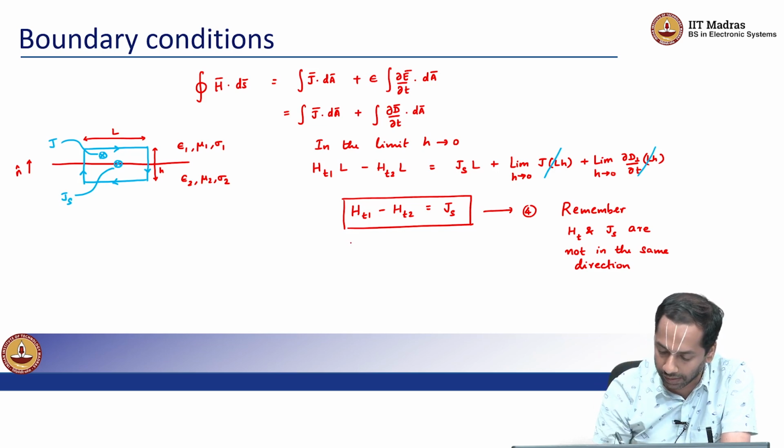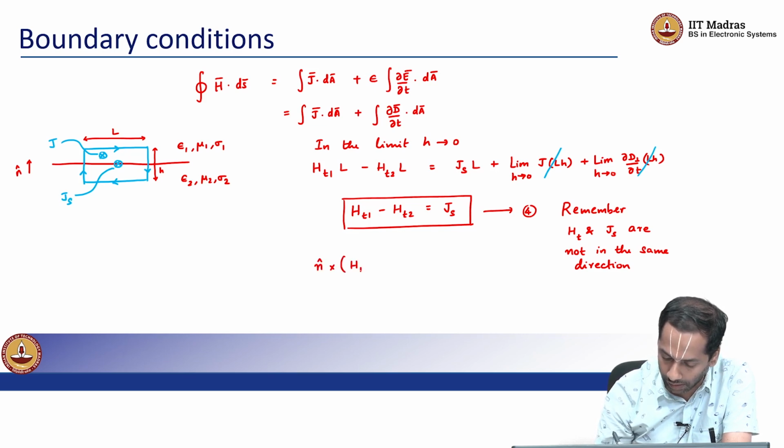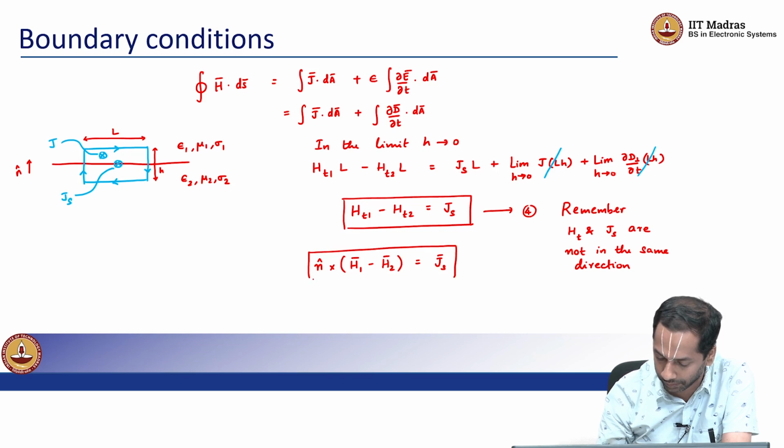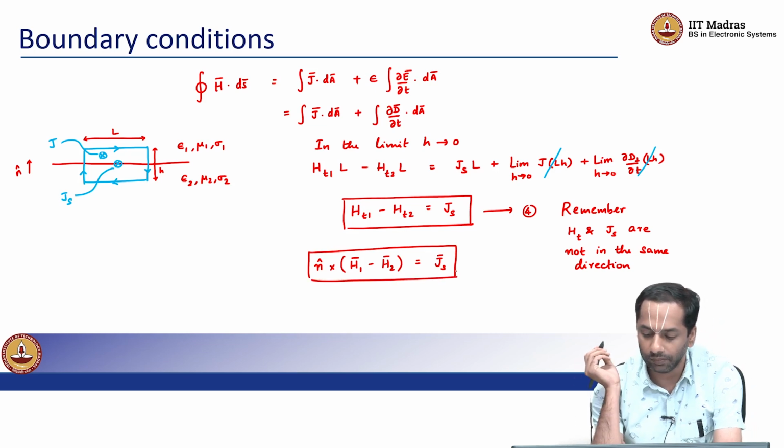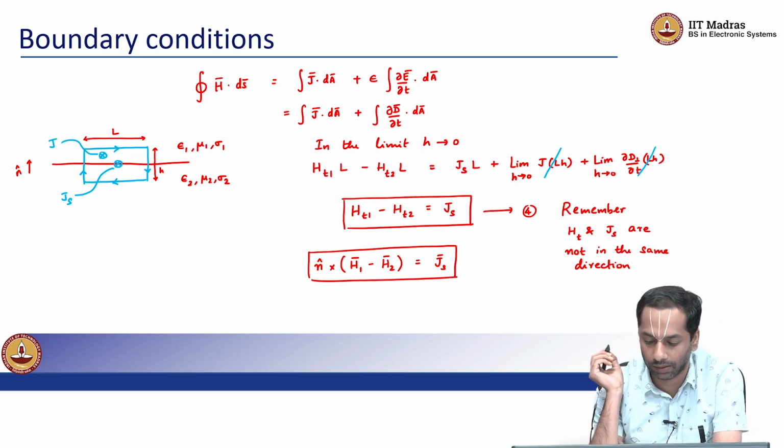So, we can generalize this into n cross H1 minus H2 is equal to Js, which becomes a vector equation. Okay.